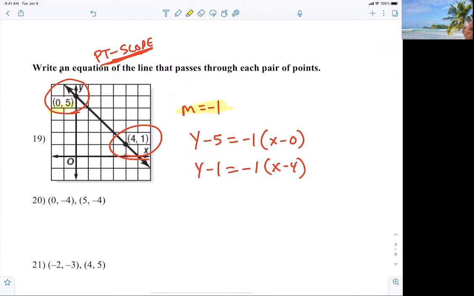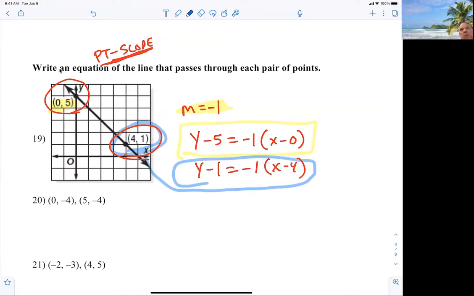All right, then what I did is I chose this point (0, 5) for the first equation. And then for the second equation, I just chose (4, 1). You have a choice. Either one of those is the same answer. It doesn't look like it. Remember, we talked about that. They don't look the same. But if I were to write it in y equals mx plus b, it would be the same exact equation.